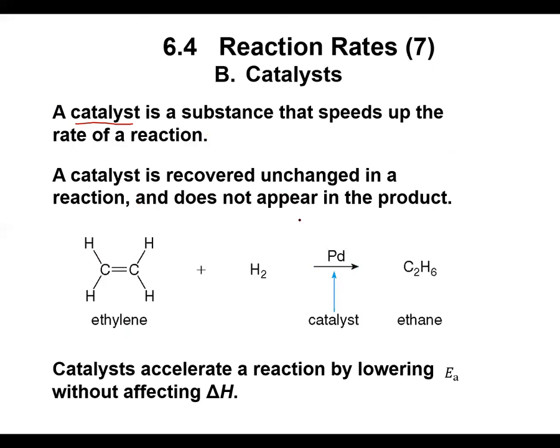And a lot of times in equations, when you see the arrow, you'll sometimes see things written on top of the arrow, something like platinum, like we see here, or palladium. Sometimes you'll even see something like H plus written up on top. H plus sometimes refers to an acidic catalyst, or an acid being used as a catalyst. But a catalyst is typically something that will basically speed up a chemical reaction.